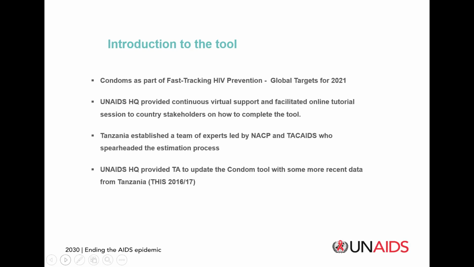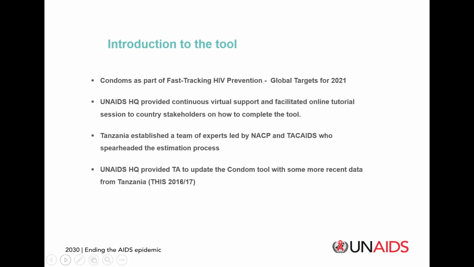So to share the experience, how we went about using this tool with the Global Fund concept note, condom as part of the fast tracking HIV prevention, the Global Target of 2021. Through the support of the UNAIDS headquarters, we had a virtual support session where stakeholders were taken through how to complete the tool.